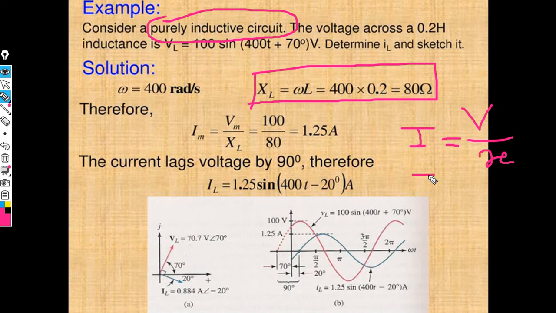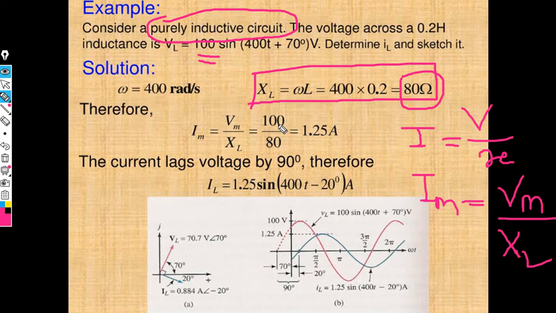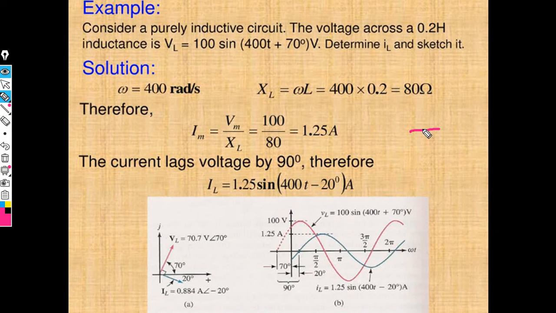Im is equal to Vm divided by XL, that is 100 upon 80, so the current obtained is Im is equal to 1.25 ampere.